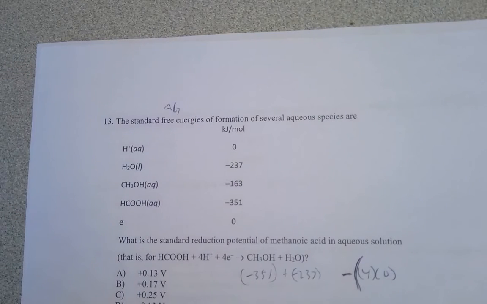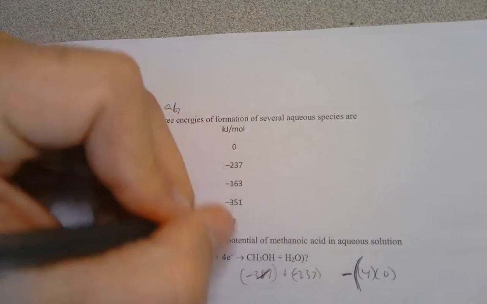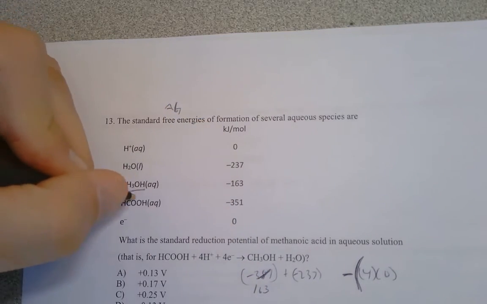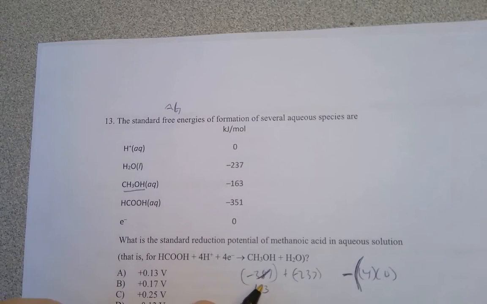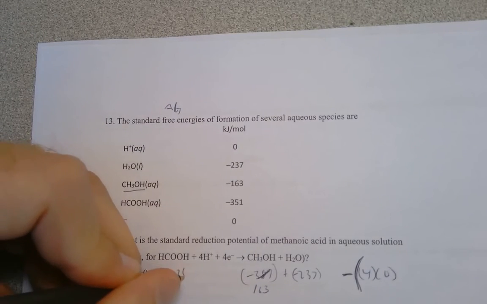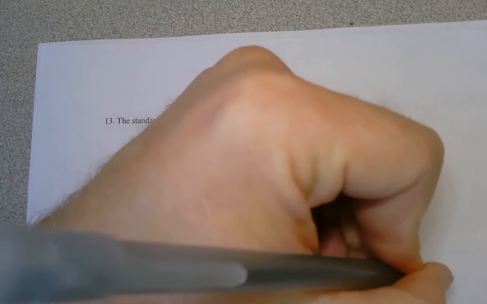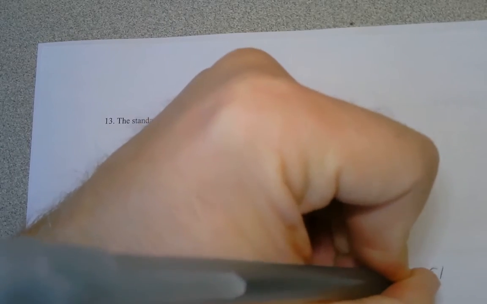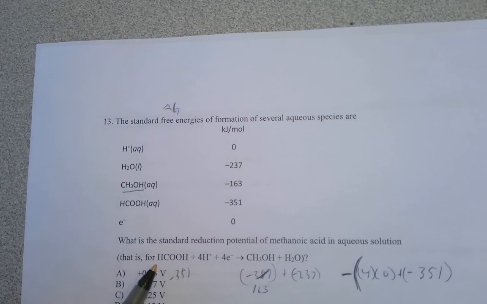There's like a big parentheses there, or a bracket or whatever. And this, did I go in the wrong spot? I went in the wrong spot there. Negative 163. I wasn't looking closely on that. That's my product. My reactant is this negative 351. So minus 351. So plus that negative 351. Is that times anything? No, it's not.